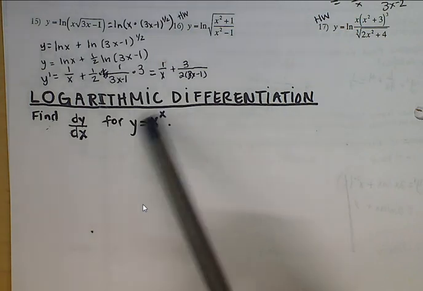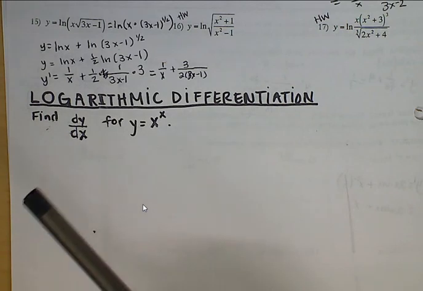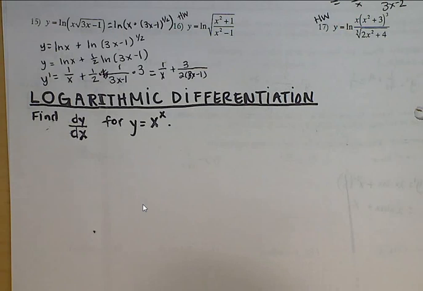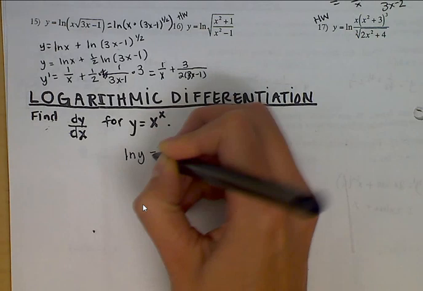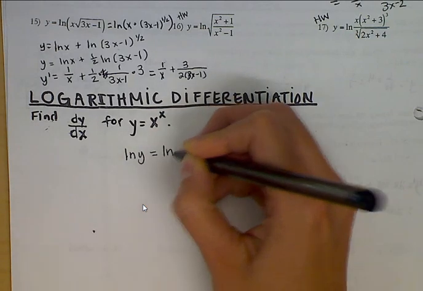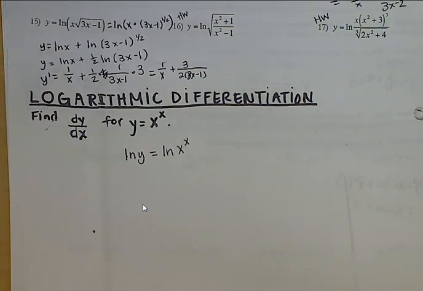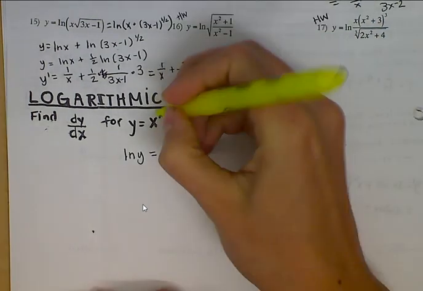But with this, I can't. So logarithmic differentiation means that we're going to solve this by first taking the natural log of both sides. You will see why. Because when I take the log of both sides, it solves the issue that I have with this exponent. Because the exponent is what's making this difficult.